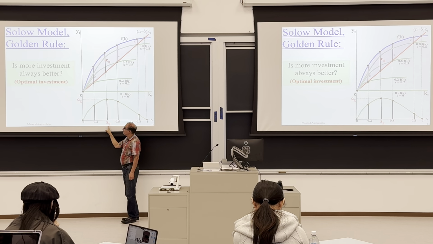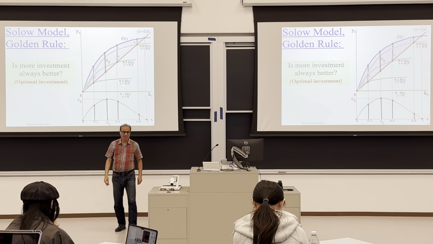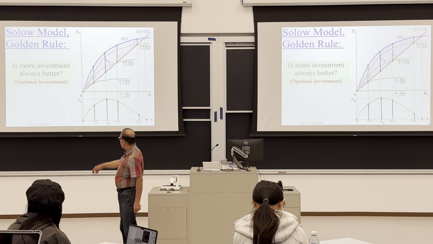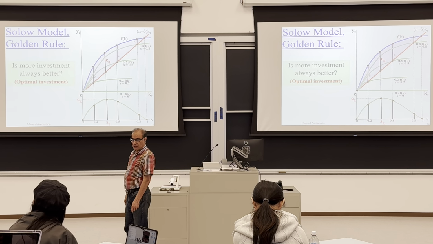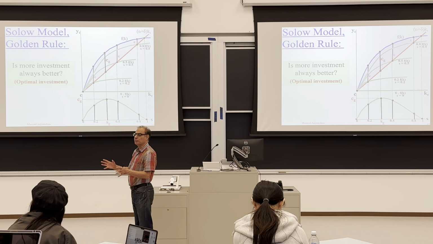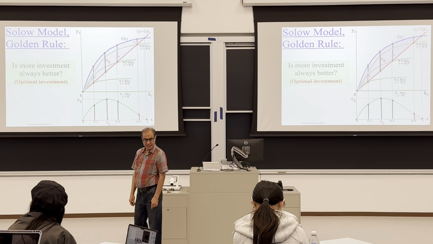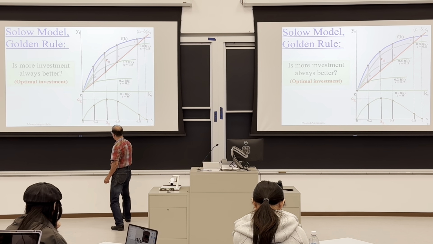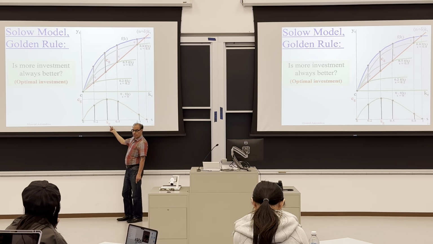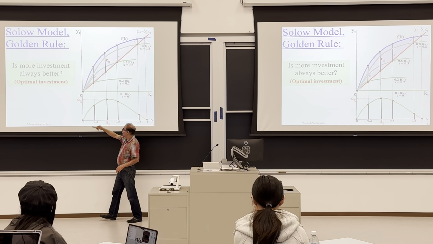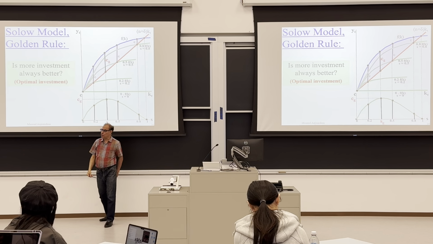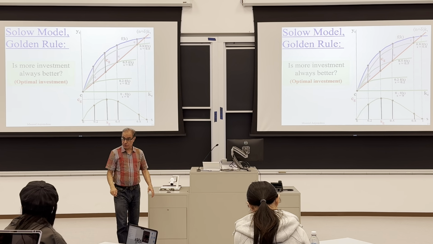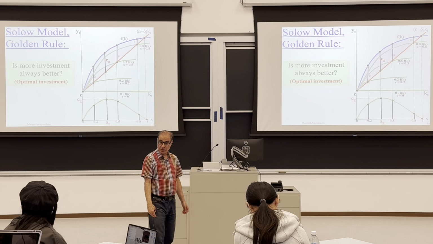Actually, I don't know why they named it like that. So this is called the golden rule. Golden rule saving rate is the optimal saving rate. The saving rate that maximizes consumption per worker. And maximum consumption is called golden rule consumption per worker.